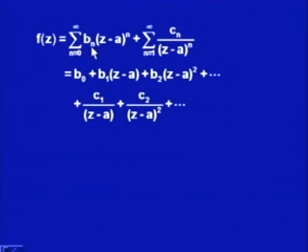The first series is in powers of z minus a, where n is positive, while the second series is in powers of z minus a, n being negative. In the first series n varies from 0 to infinity, while in the second series n varies from 1 to infinity. In the first series z minus a appears in the numerator, and here it appears in the denominator.